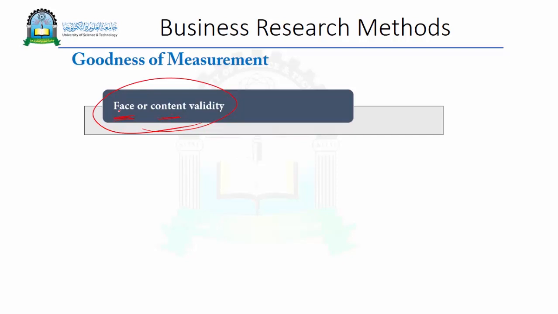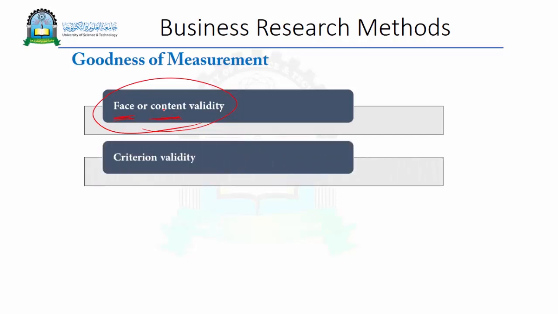The content validity is to submit the questionnaire to at least 5 professors who are specialized in the area, and give them the research problem, the model or the framework, the objectives, and the hypothesis, and ask them to match the items with these things, and ask for amendment, whether to recommend removing some of the items or adding some of the items. It depends on them, and discuss this with your supervisor.